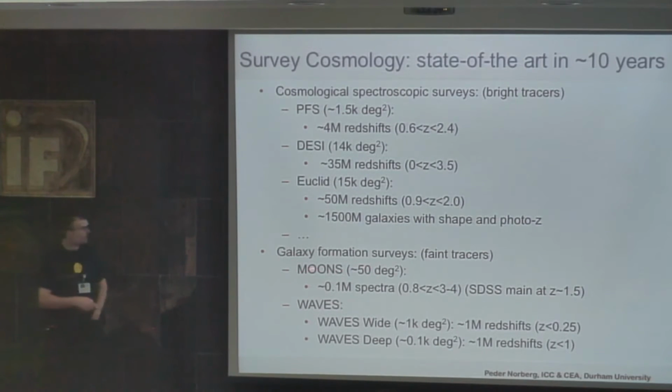This is going to be a near-infrared survey on an 8-meter telescope, of the order of 0.1 million. It's only of the order, because galaxy formation surveys are not in big numbers. It could be off by a factor of 2 or 3, because they are not funded in the same ways.